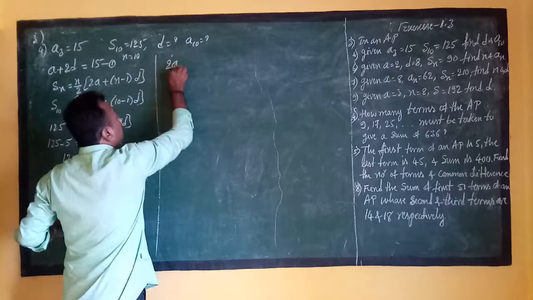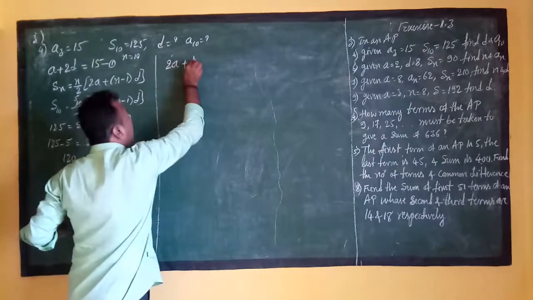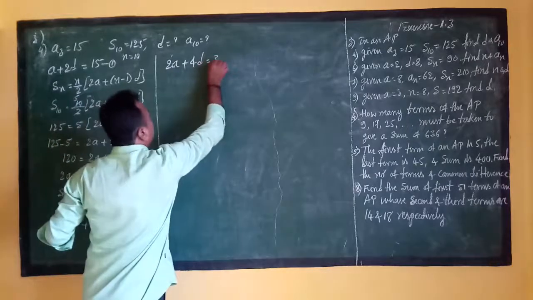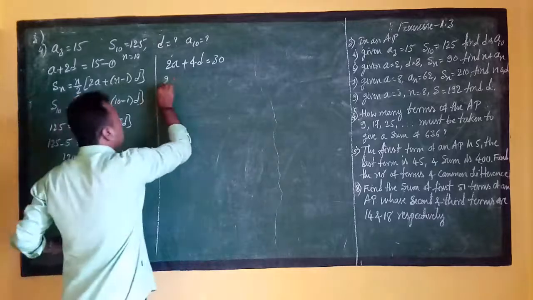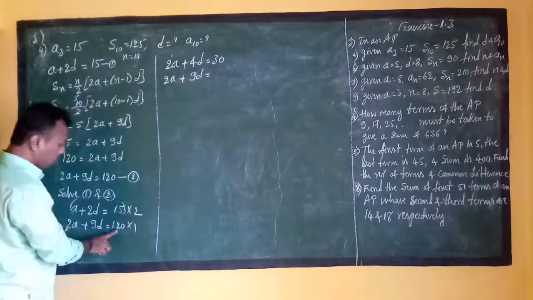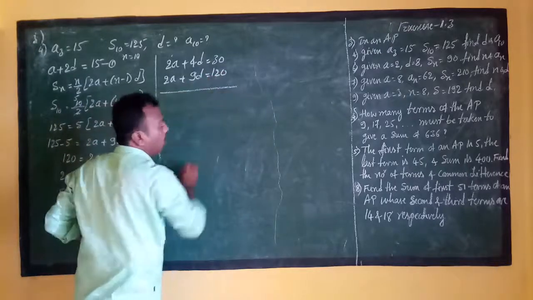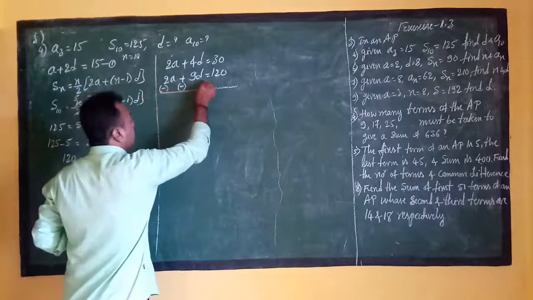2 into a, 2a plus 2 into 2, 4d, is equal to 15 2s are 30. And then the second equation you write as it is. 2a plus 9d is equal to 120. Yes students, now we have to subtract it, so we have to change the sign.